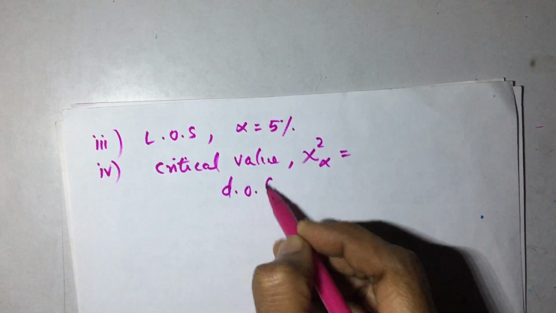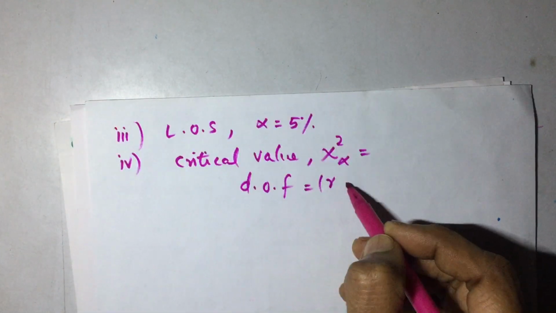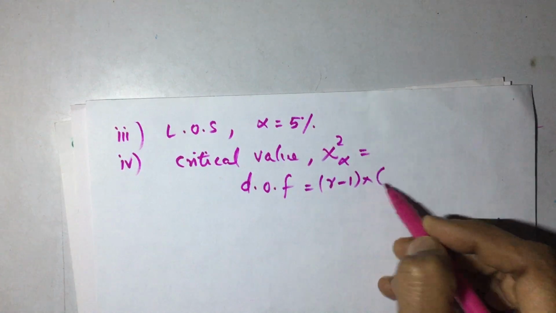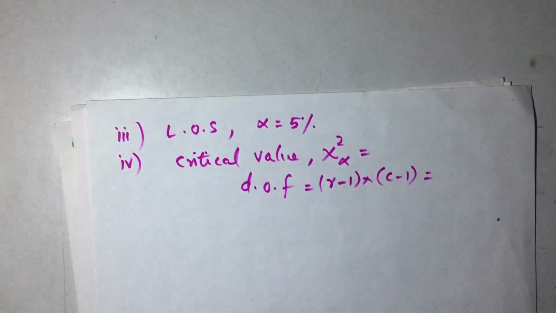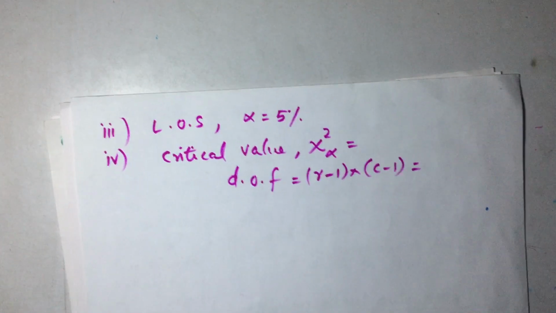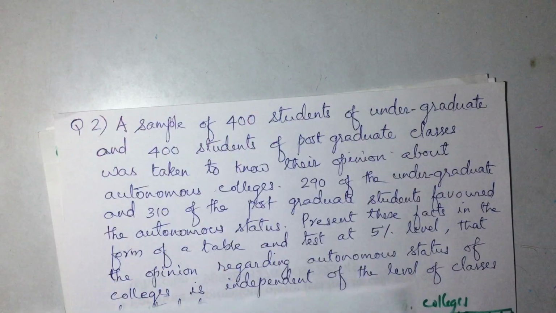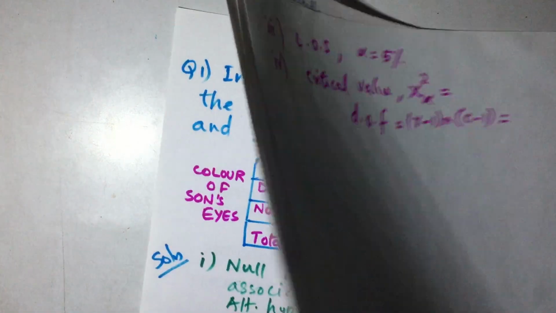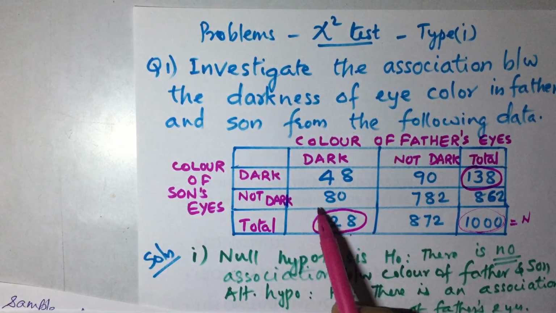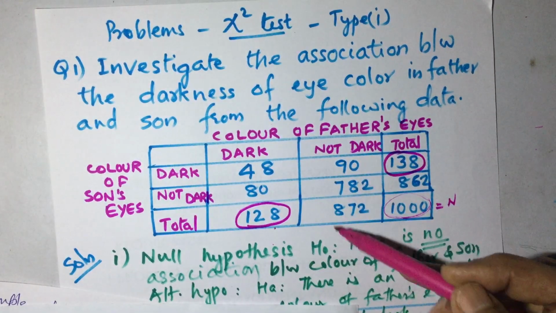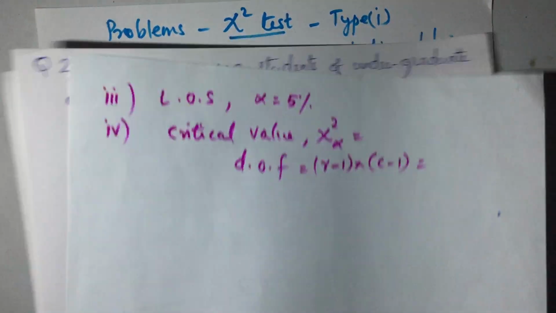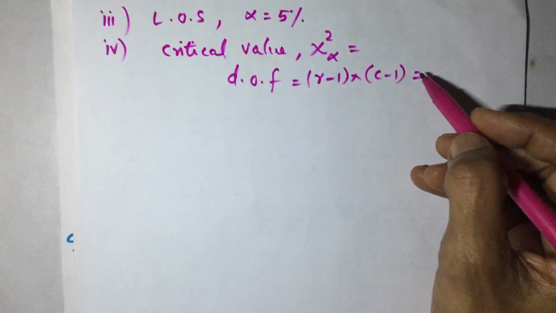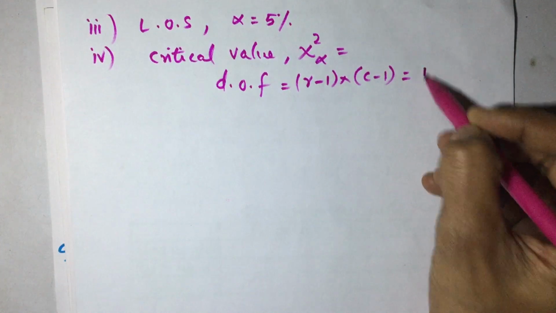At degrees of freedom. Degrees of freedom means r minus 1 into c minus 1. Here r means how many rows there are. So there are 2 rows, and in this one you can see 2 rows and 2 columns, where the quantities are. So 2 minus 1 into 2 minus 1, that means 1 into 1 equal to 1.